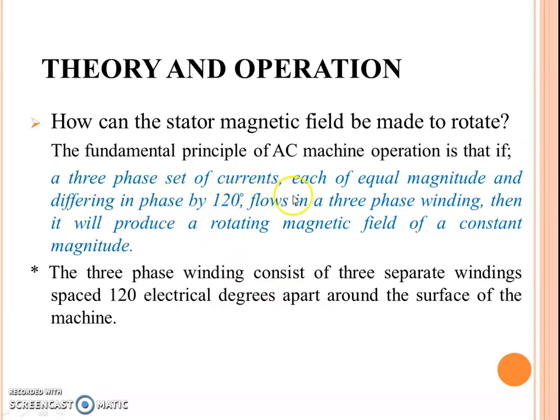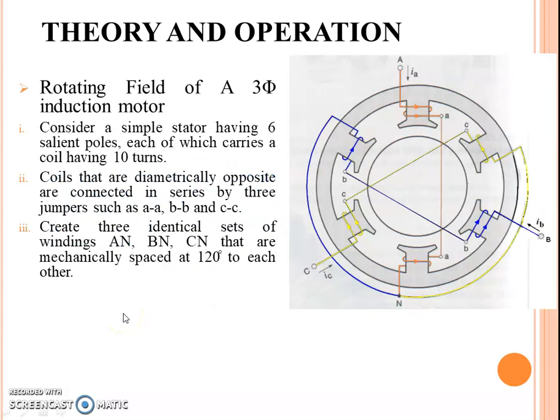The principle is that a three-phase set of currents, each of equal magnitude and differing in phase by 120 degrees, flows in the three-phase winding. Then it produces a rotating magnetic field of constant magnitude, separated by 120 degrees around the surface of the machine. Let's say we have phase A, phase B, phase C. Phase A comes in, and we can see the arrow of the current going up and back to the neutral point.